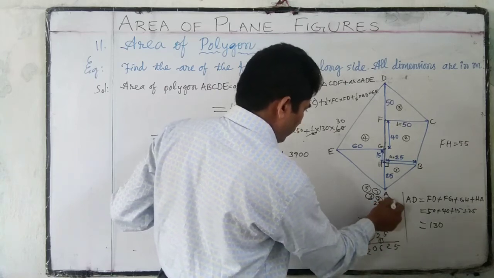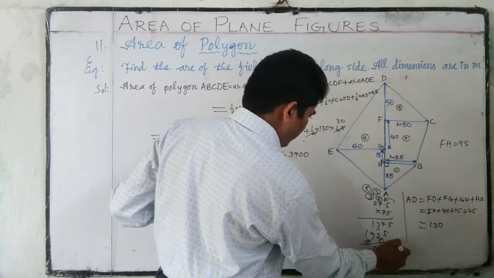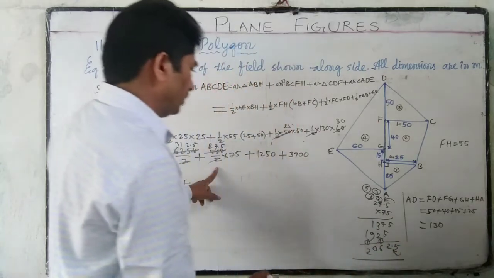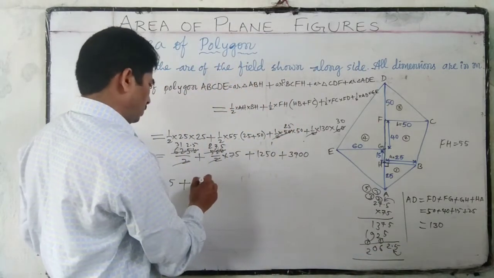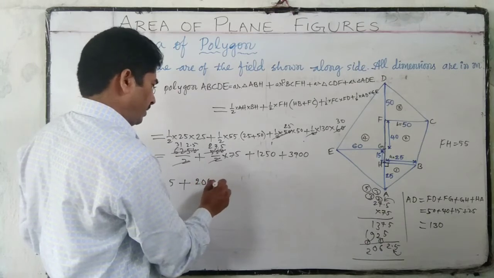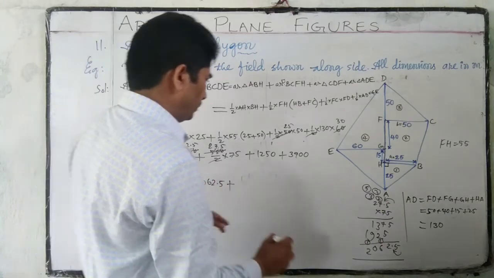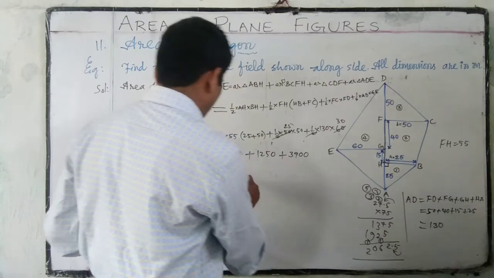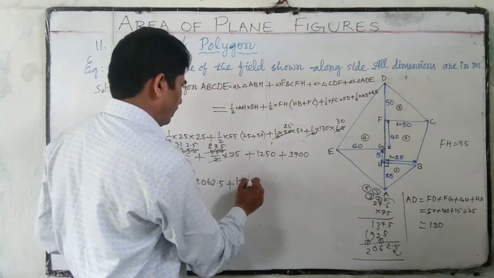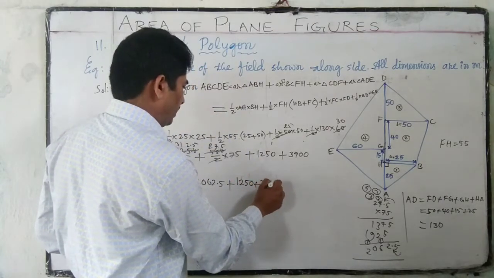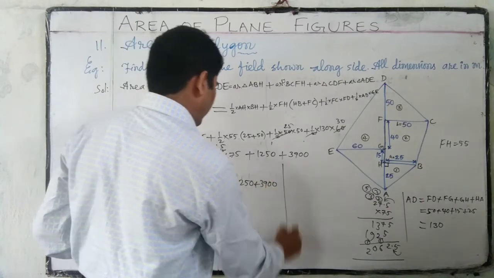We have to keep one decimal place. That gives 2062.5 plus 1250 plus 3900. We have to add all these.